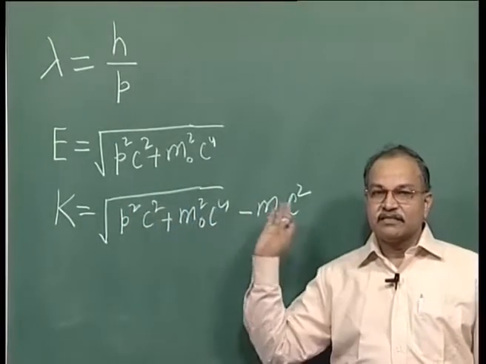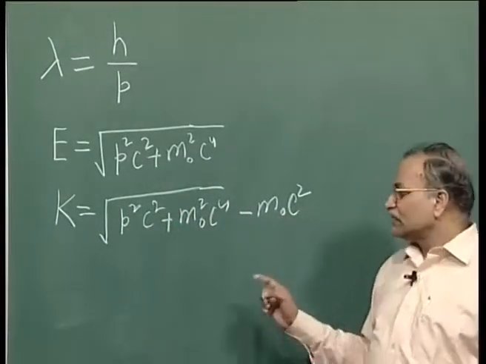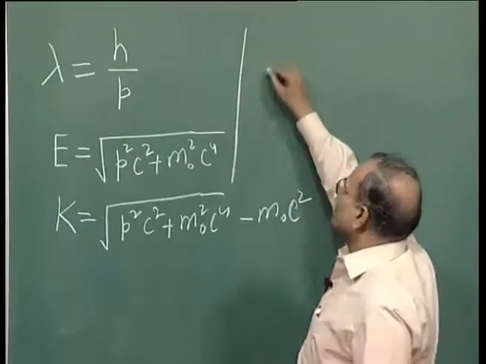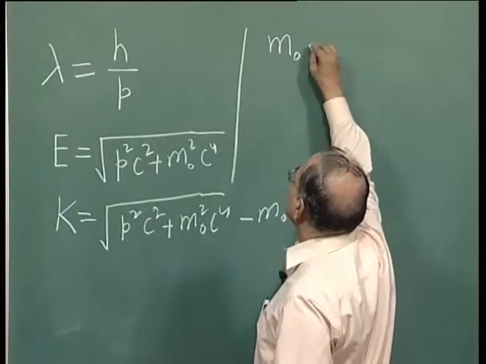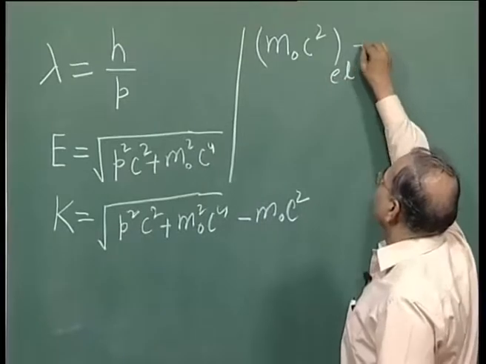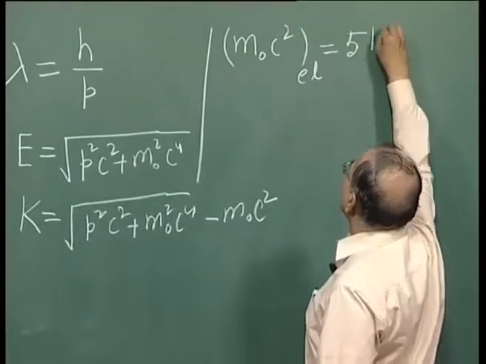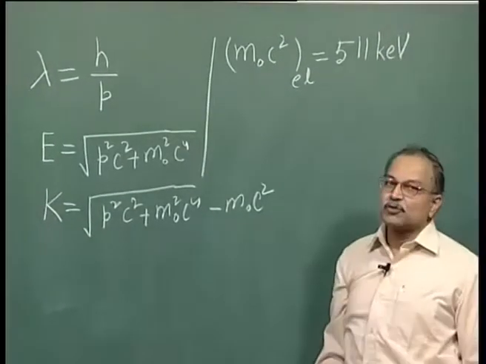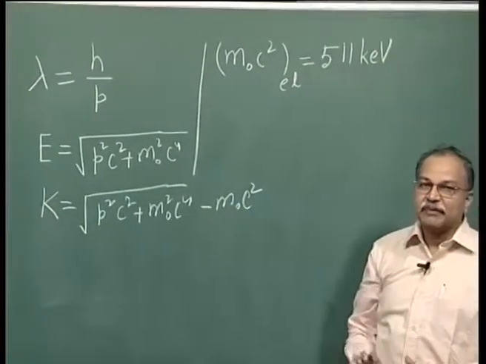Now, this is the general formula, and the rest mass energy m naught c square for the electron is 511 kilo electron volt approximately. So this is a useful number, you should always remember this.